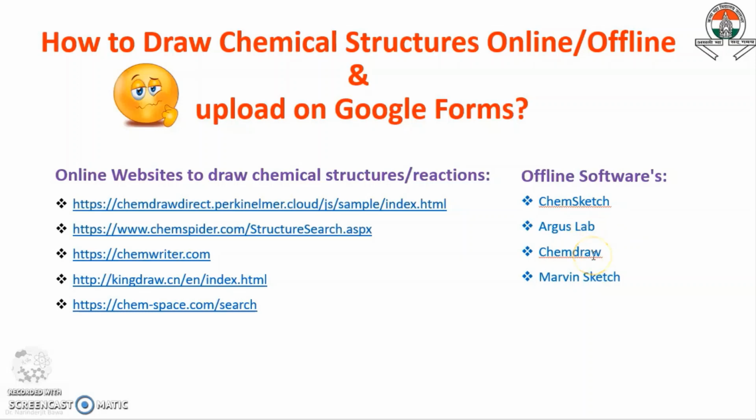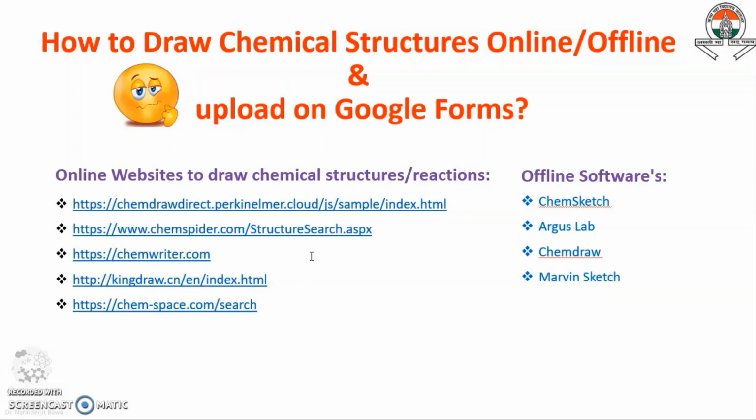And ChemDraw is a paid version, and Marvin Sketch gives some trial days, so you can try that also, right? So these are few websites which allow to draw structures online.